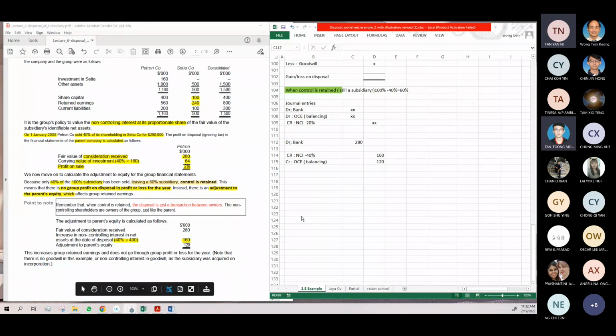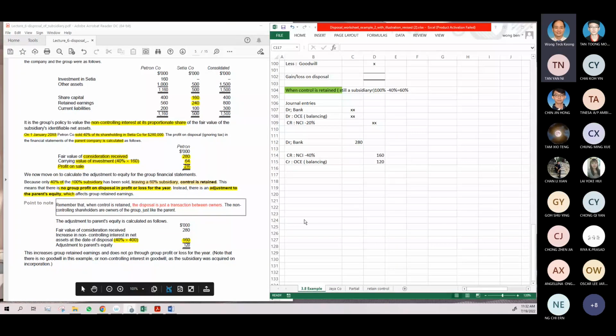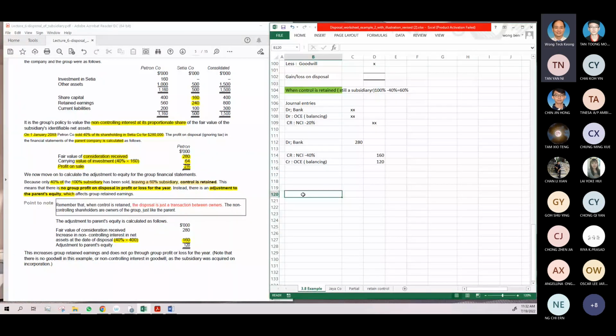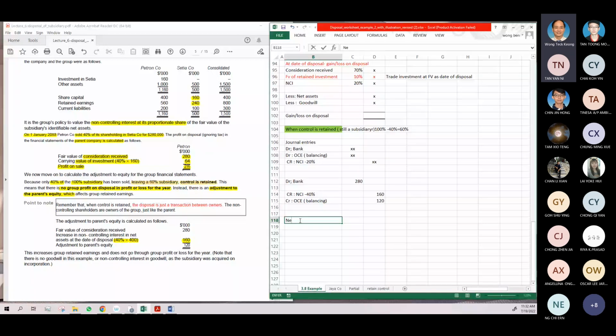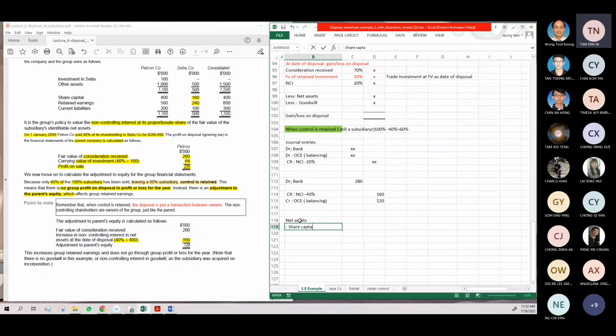May I ask why the NCI is 160? Okay, so remember, NCI is based on net asset. The net assets, remember we compute the asset as share capital plus retained earnings at day of disposal, 160 and 240.